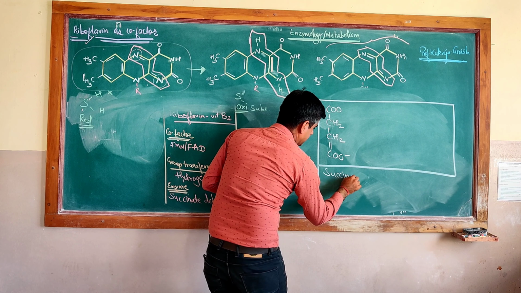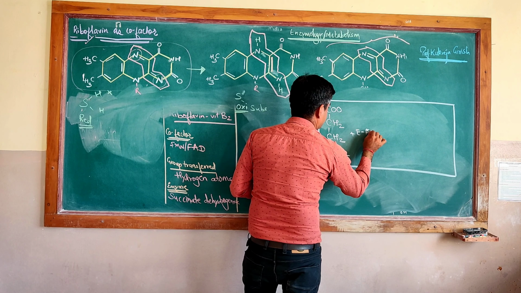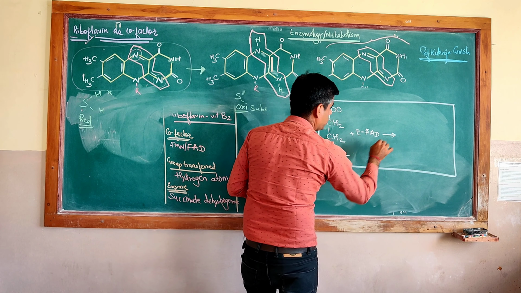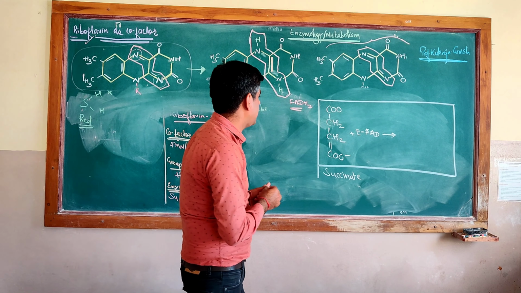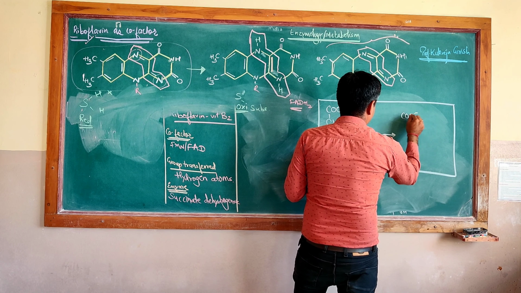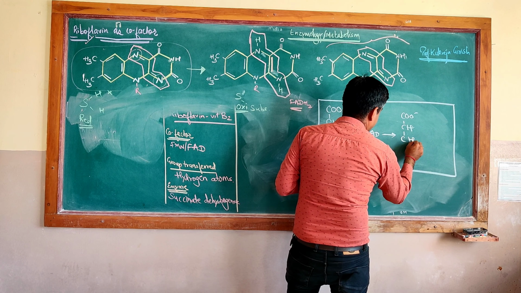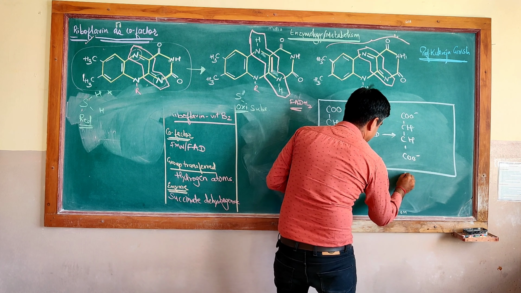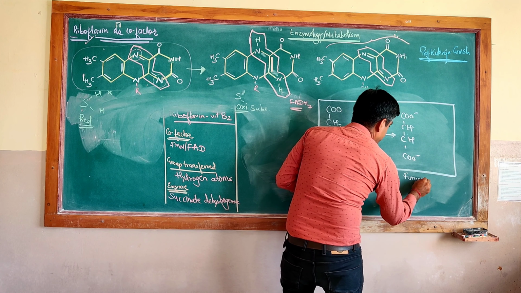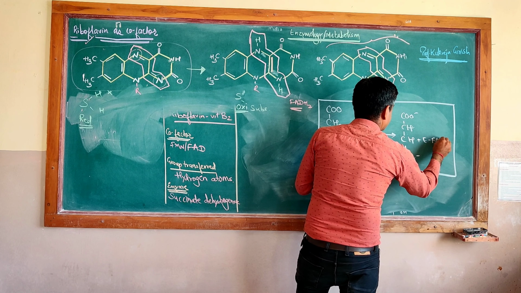Succinate combines with FAD, the enzyme-bound FAD. I told you that FAD is tightly bound to that enzyme as the prosthetic group. There will be an introduction of the double bond here. Hydrogen atoms will be removed, and your succinate is converted to your fumarate. And this FAD will be converted to your FADH2.